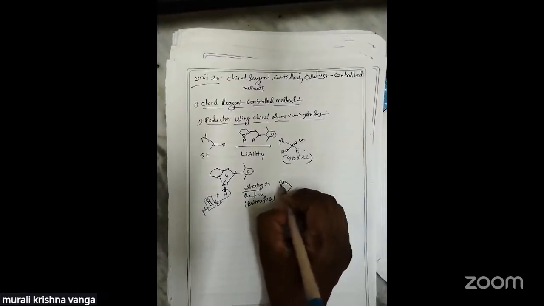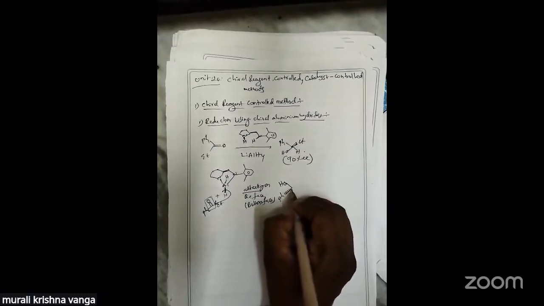Then the product, OH and phenyl ethyl hydrogen, the S compound, is formed with 90% enantiomeric excess.